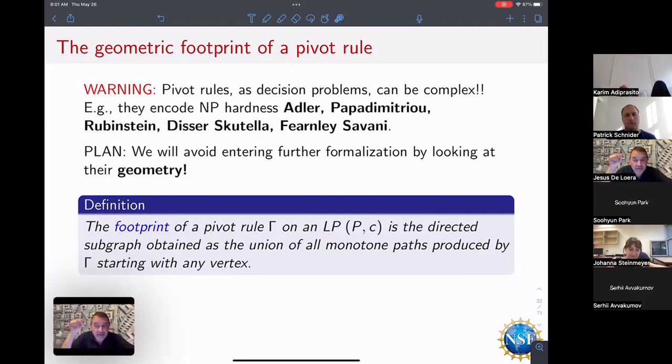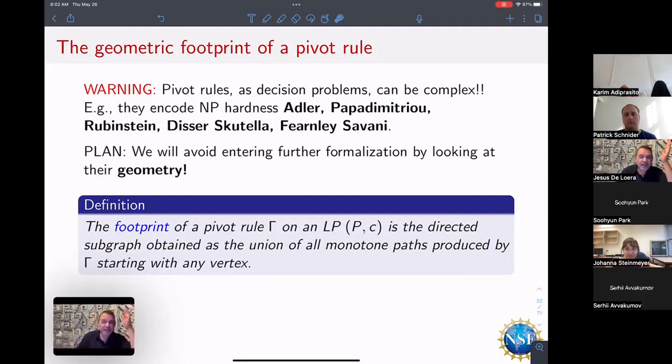So in fact, for every vertex, you can choose the path that goes to the optimal solution. The footprint is the subgraph that you obtain as the union of all possible paths starting from every vertex. So you get a subgraph of the entire graph of the polytope, right? Are you with me?